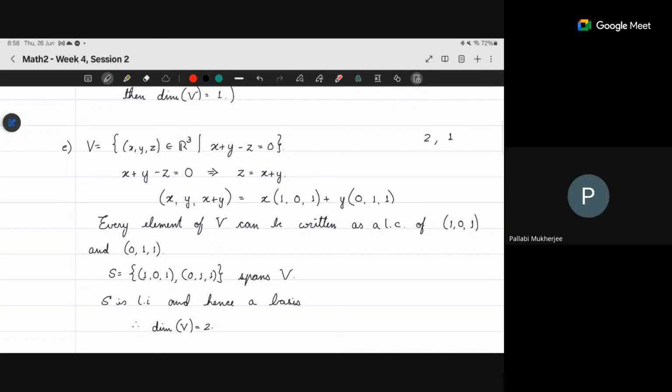And what we discover is that this arbitrary element of the vector space that we considered can be written as a linear combination of (1, 0, 1) and (0, 1, 1). So (1, 0, 1) and (0, 1, 1) span V. Is this statement okay for you?